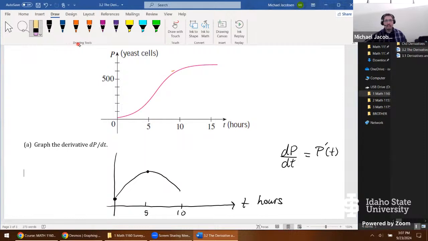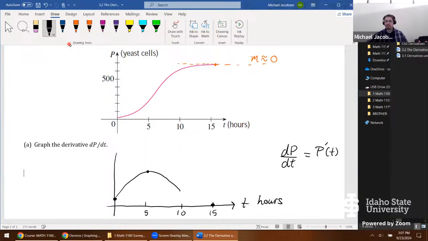Then finally, way out at the 15-hour mark, that pretty much looks like a horizontal tangent line to my eye. It's probably still above the x-axis, or still slightly positive. I would say out here, it's approximately 0. So at the 15-hour mark, we're somewhere around here.